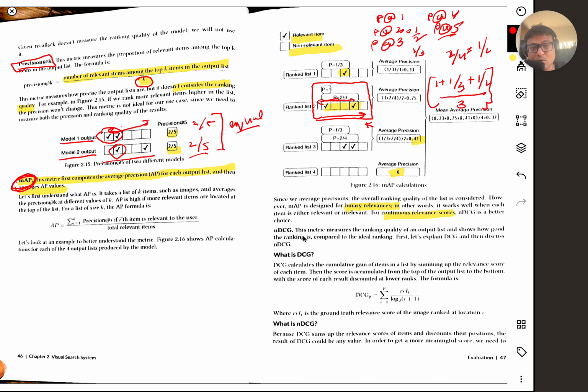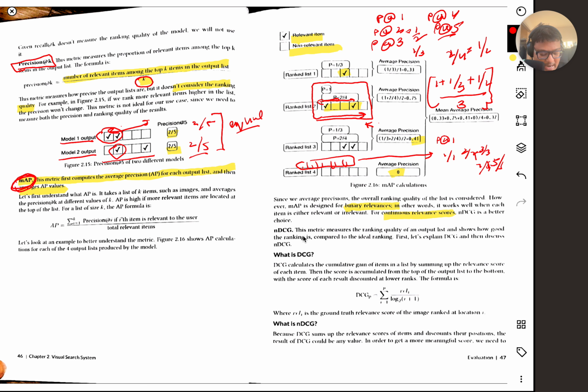And it seems to be a good metric, because imagine for a moment that you predicted all 5 dogs in all the correct places: 1, 2, 3, 4, 5. Then precision at 1 is 1 over 1, and then 2 over 2, 3 over 3, 4 over 4, and 5 over 5.